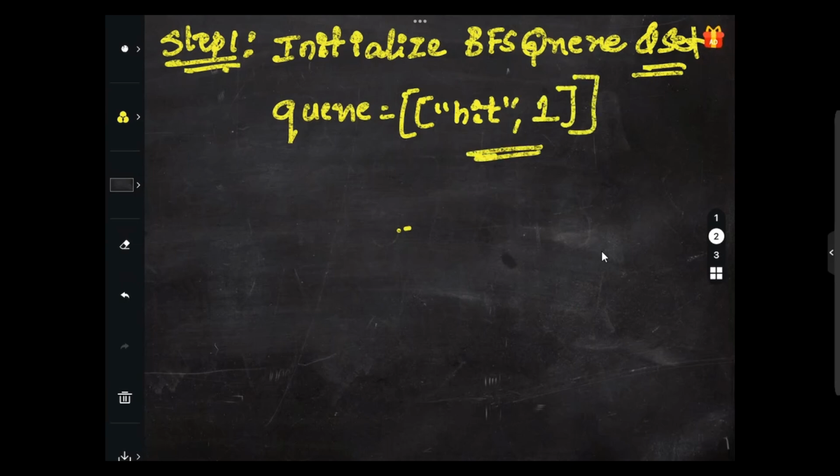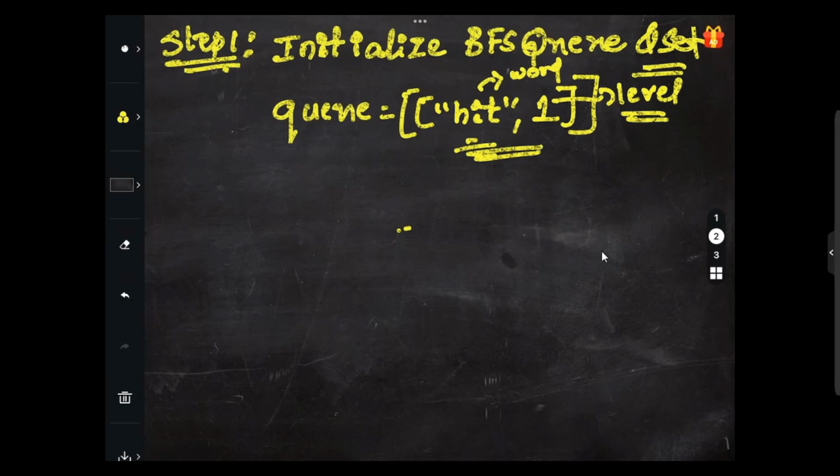So this is nothing but the word, and this is nothing but the level in this case, right? So we are creating a queue with the begin word hit as the word, and 1 as the level. We are going with the word and level, right? So I hope this is clear. Next, what we will do, we will convert the word list to the set here for quick lookup.